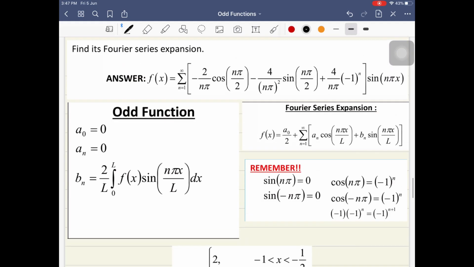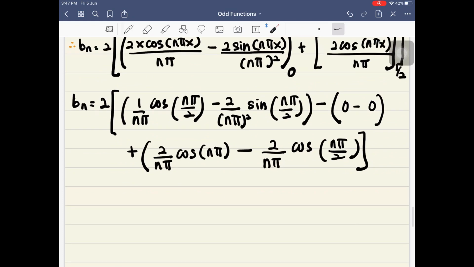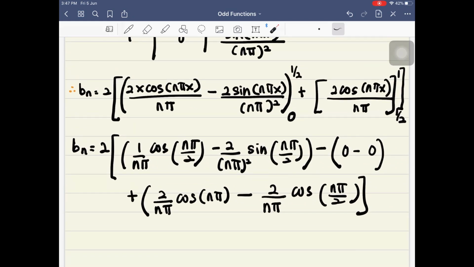Now we are going to simplify the function. Cos n pi is equals to negative 1 power n. For cos n pi over 2 or sine n pi over 2, you don't have to do anything, unless you have a negative sign inside, then you have to simplify.